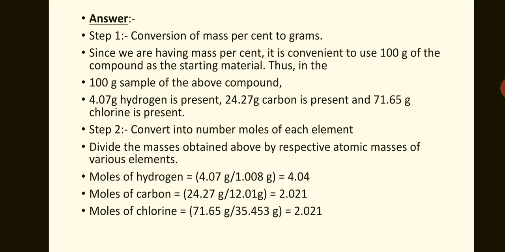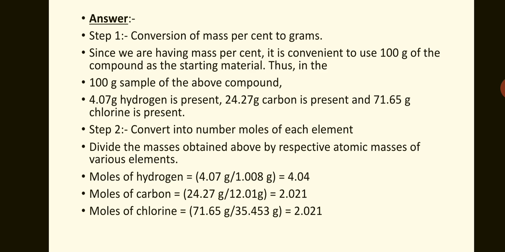Thus, in the 100 gram sample of the above compound, 4.07 gram hydrogen is present, 24.27 gram carbon is present, and 71.65 gram chlorine is present. So this is given to you.